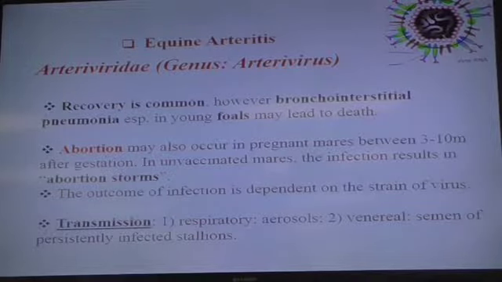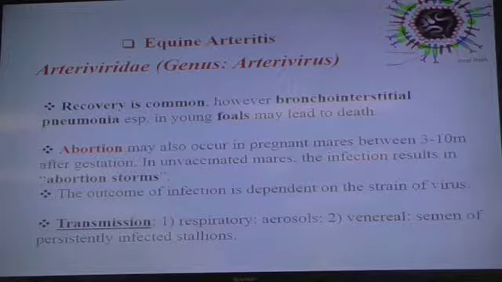How does this happen? As I said, the virus is present in the semen of the stallion, and hence the quality of the semen, whether it's used artificially or naturally, is important in terms of whether the virus is present or not.